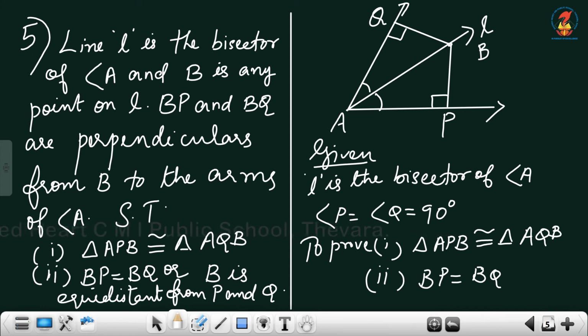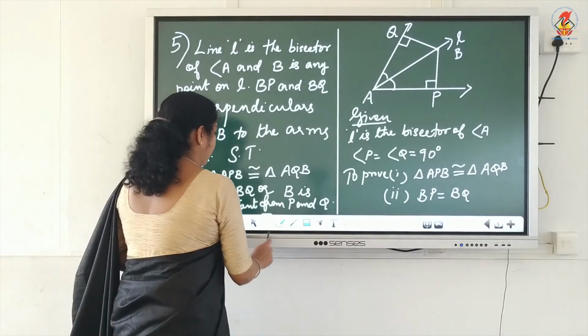What is given? L is the bisector of angle A and what is given is these two are perpendiculars, that means angle P is equal to angle Q is equal to 90 degrees. We have to prove these two triangles are congruent and BP is equal to BQ.